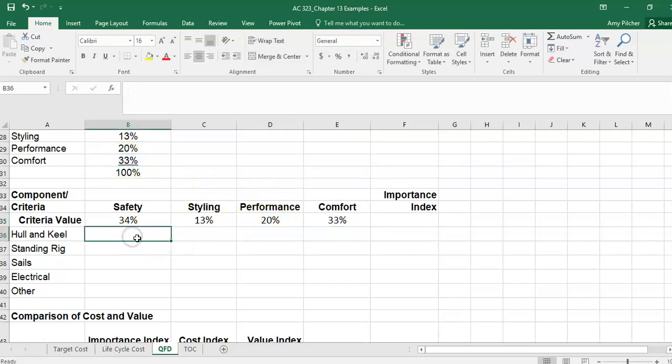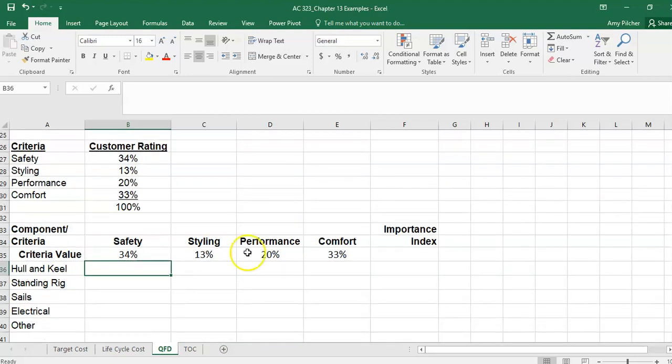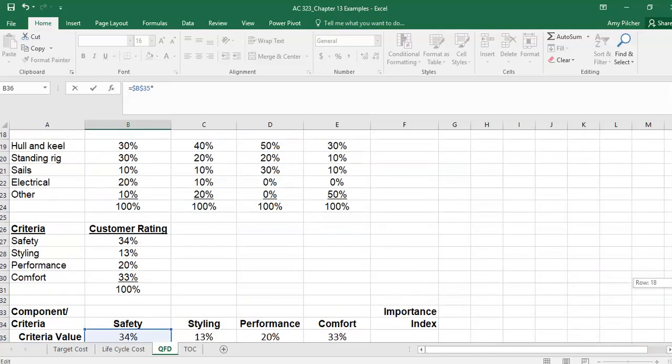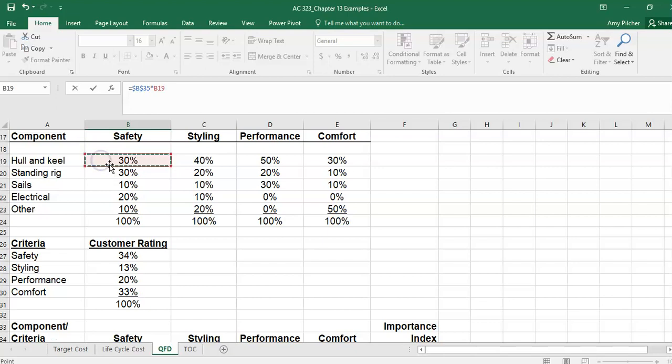So we're going to weight our safety engineer evaluation times our customer's belief of what is more important to get an importance index. So we take the safety rating for our customers times each item here.